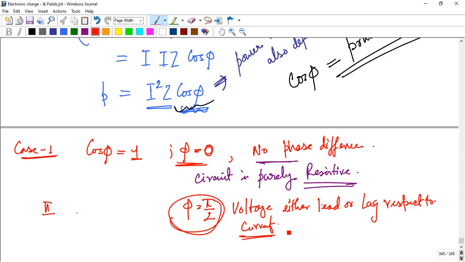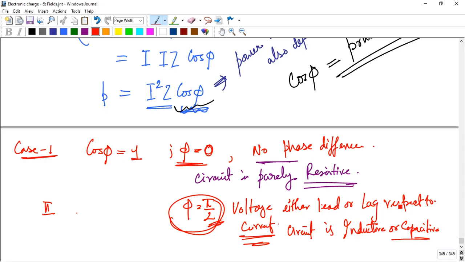The circuit is inductive or capacitive, depending on whether the voltage is leading or lagging.